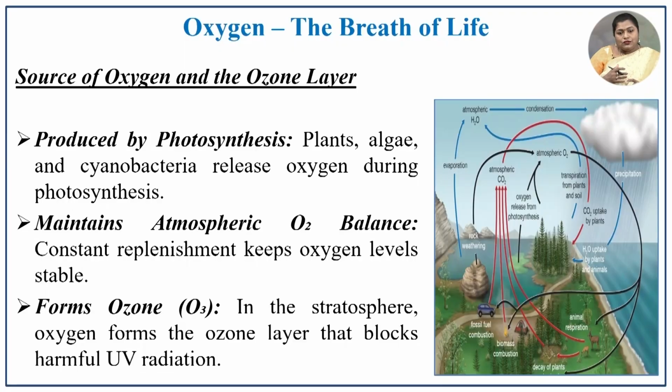It is constantly replenishing, renewing the oxygen levels through the cyclic process. It also forms the ozone layer. Oxygen is one of the important gases helpful for the formation of ozone in the stratosphere.